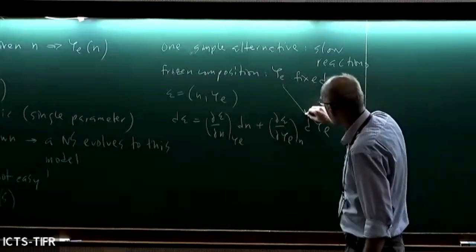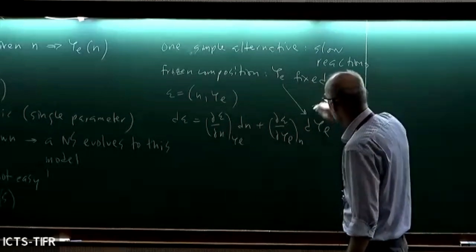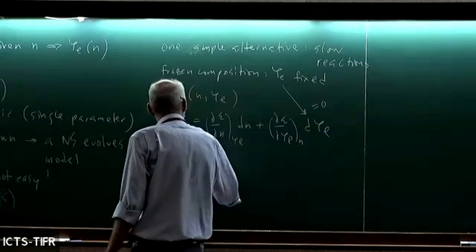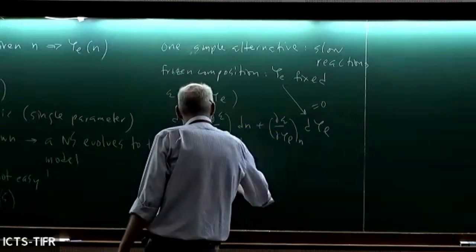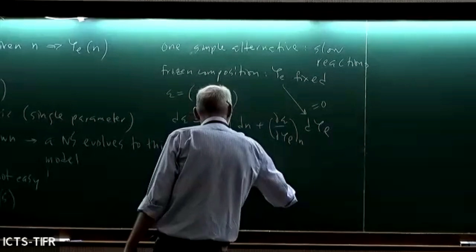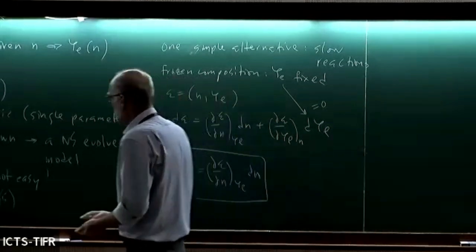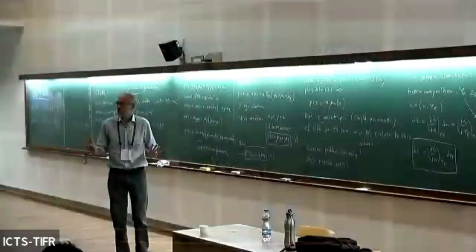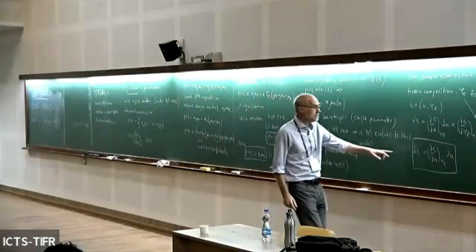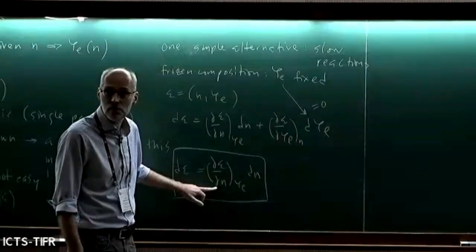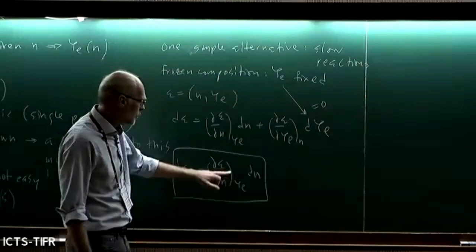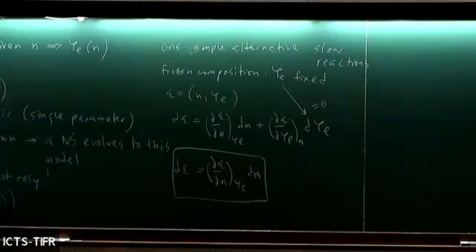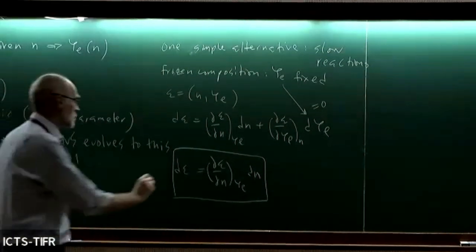This is fixed, so this one vanishes. There's no variation in that. And so we end up over here. Okay. Now that looks like what we had before, because it only depends on one parameter. But it's not the same thermodynamical derivative here. This is different from what you get over here. Okay? That's important.